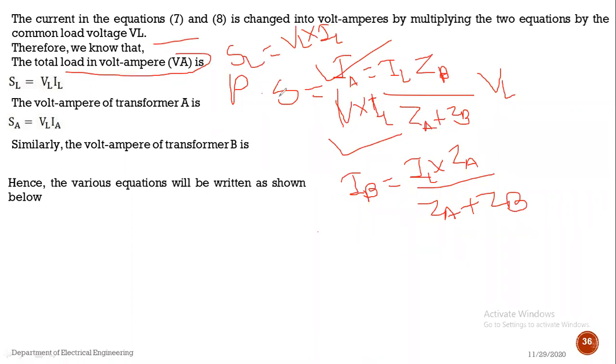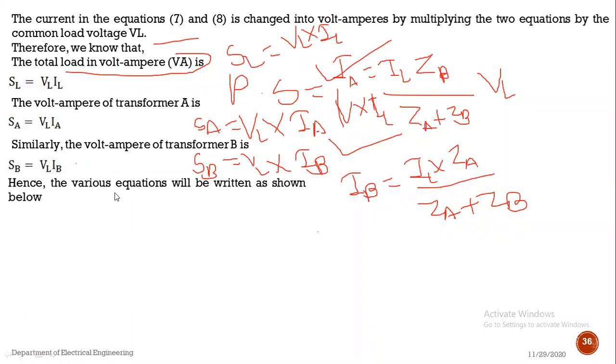To calculate the volt-amperes or power shared by transformer A, SA equals terminal voltage VL into the current shared by transformer A, that is IA. Similarly, the power shared by transformer B, SB, equals load voltage VL into the current shared by that transformer, IB. Hence the various equations will be written as shown below.